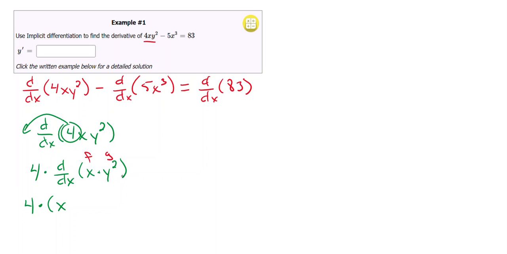So what is g prime? Let's take the derivative of y squared. The 2 comes down, so it's 2y, and that's the part you'd be used to. But now we have to multiply that by y prime, because that's the derivative of the inside.